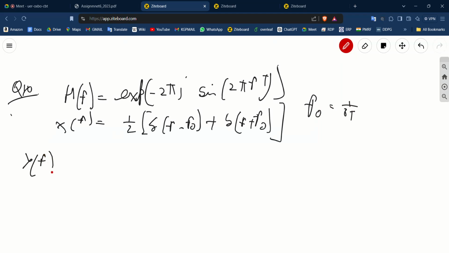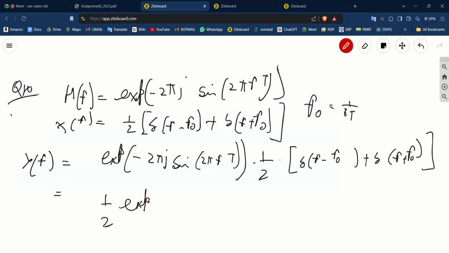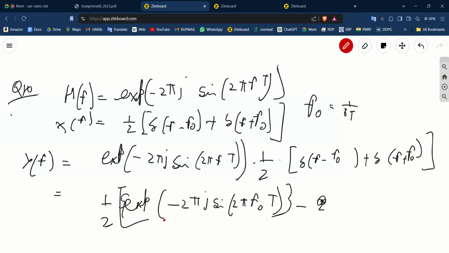Now Y(f) is H(f) into X(f), so this will be half of exponential minus 2 pi j sine 2 pi f naught t, that will be one term, and another term will be plus e to the power minus 2 pi j sine negative 2 pi f naught t.